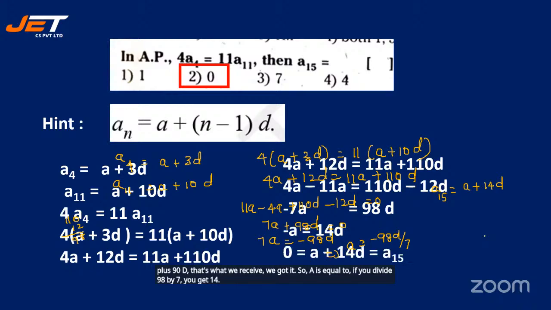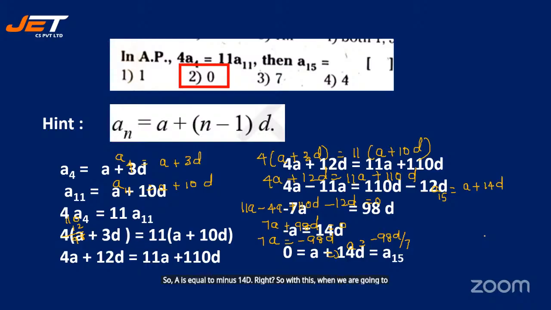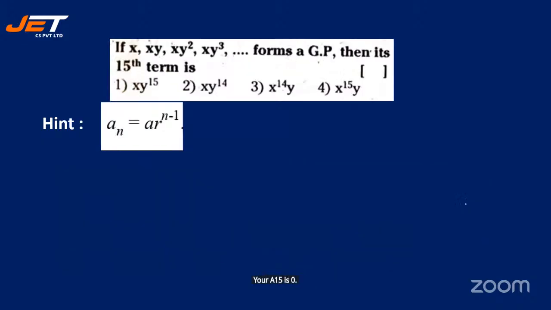So A is equal to minus 14D, right? So with this, when we substitute in A15, A plus 14D, you will get the value of A15 is equal to 0, right? So that's how your answer for A15 is 0. All right. Now with this, we are moving on to our next question.